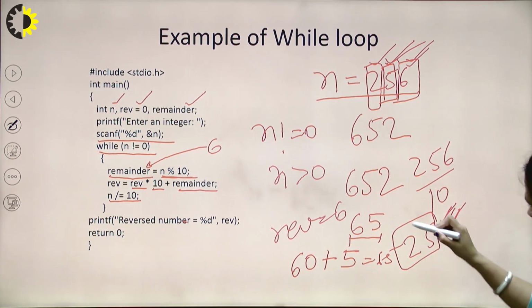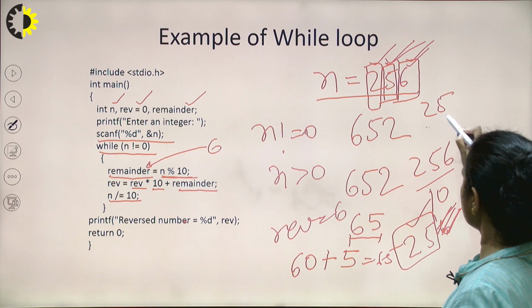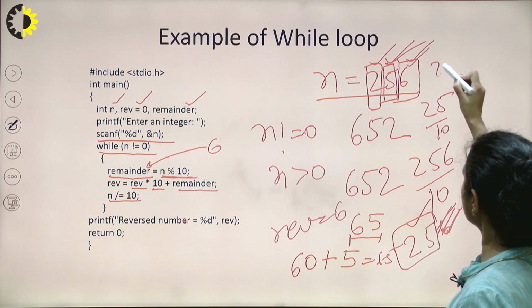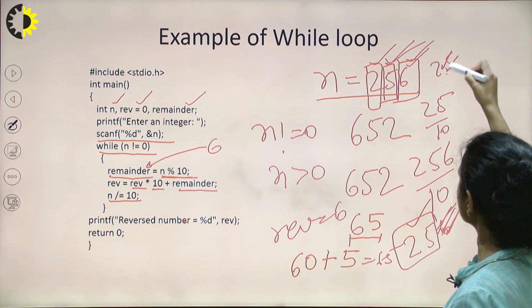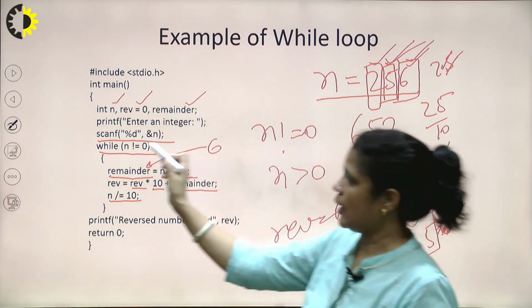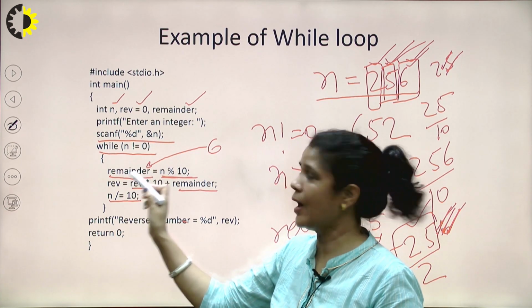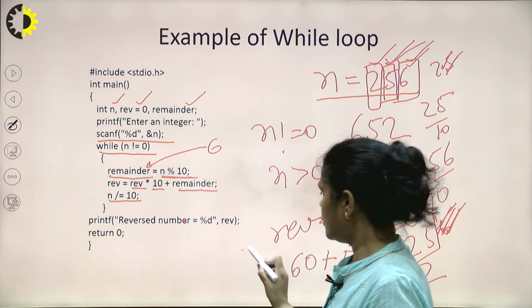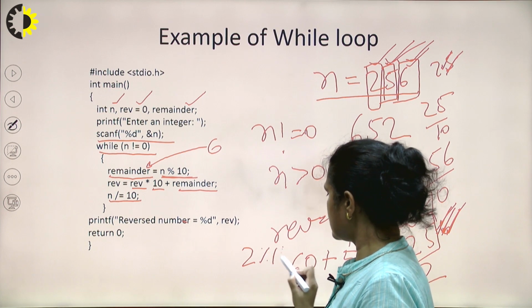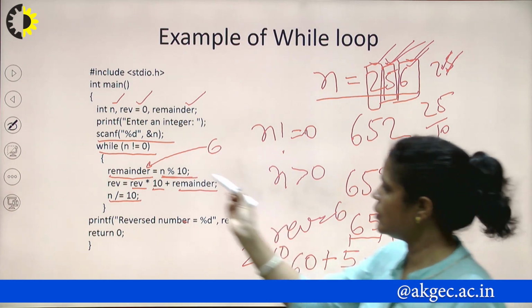Now n is updated. In the previous iteration n was 25. Now 25 is divided by 10. So what will we get? 2.5, but n is an integer, so it will carry only 2. n is not equal to 0, so the condition is true. It will come inside the loop, and then 2 modulus 10. What is the remainder we get? 2 in remainder.